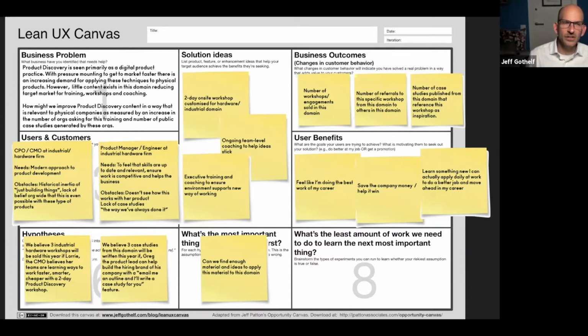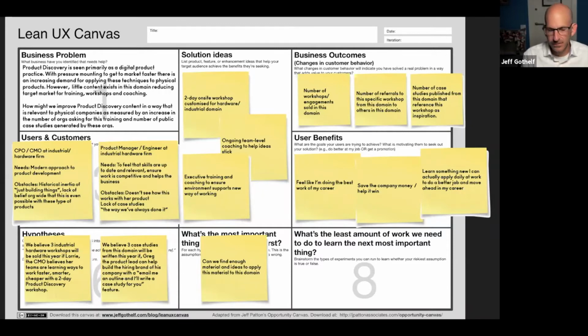And our goal here is to do the least amount of work possible, not because we're lazy, but because the less work that we do, the less we invest in this idea. And if the experiments that we run invalidate our hypothesis, it's a lot easier to change course, to be agile, if we've invested less in the idea.